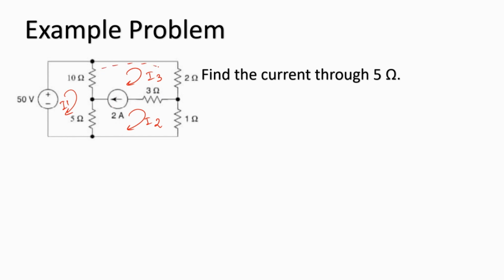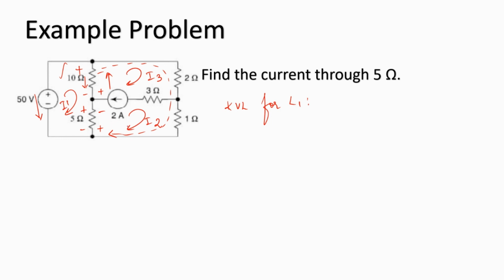So that would be the direction of my super mesh. Now we can write the KVL equations. The first one would be for the first loop. So KVL for loop 1. Let me mark my voltage drops. This is plus minus due to I1, and this is plus minus due to I3. In this 5 ohm resistor, this is plus minus, and this is my plus minus due to I2.